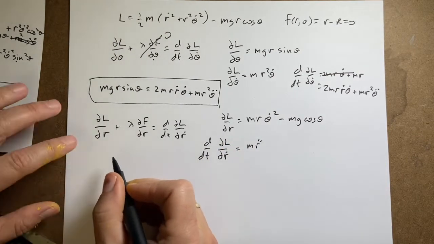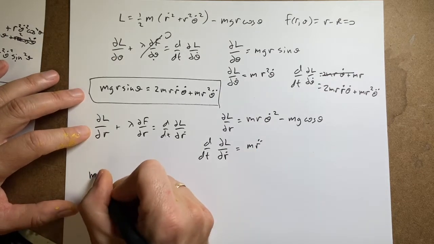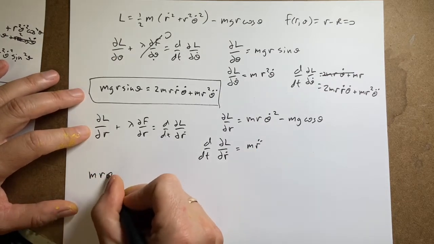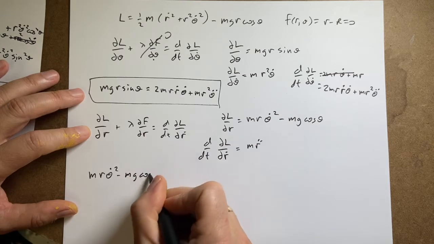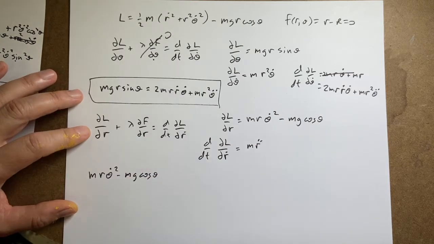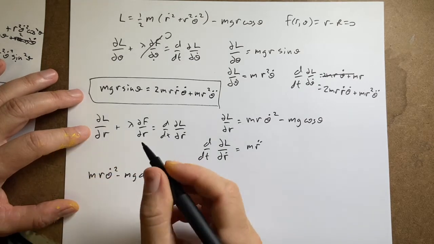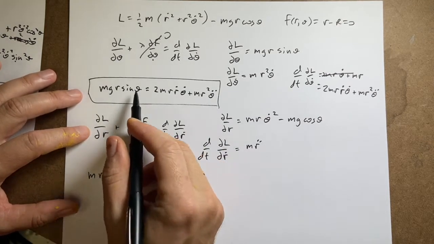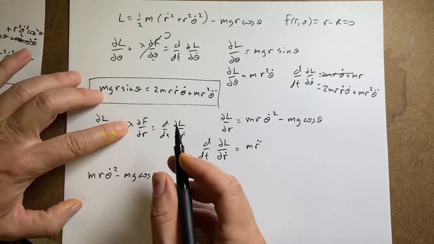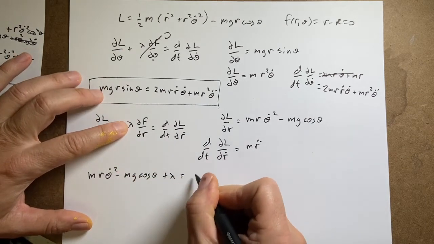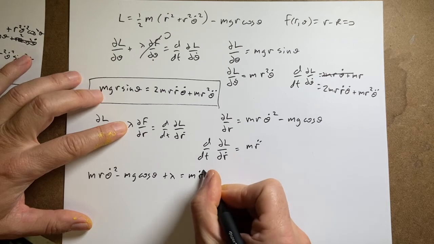So let's put it together. So I have this term, mr theta dot squared minus mg cosine theta, plus lambda equals mr double dot.